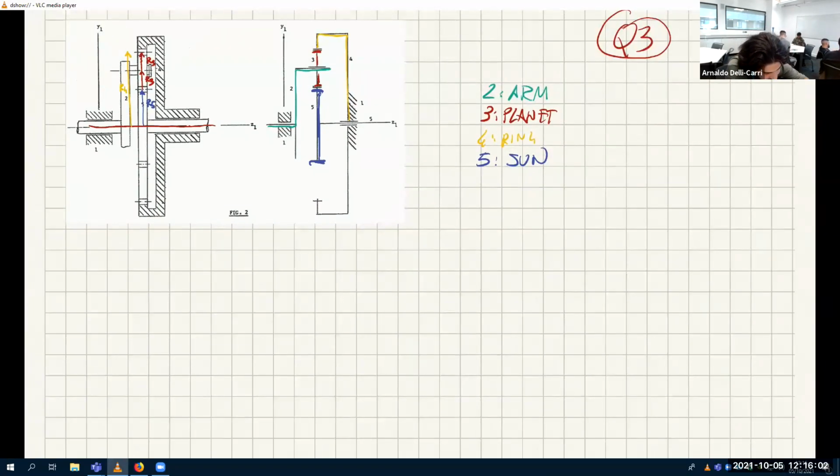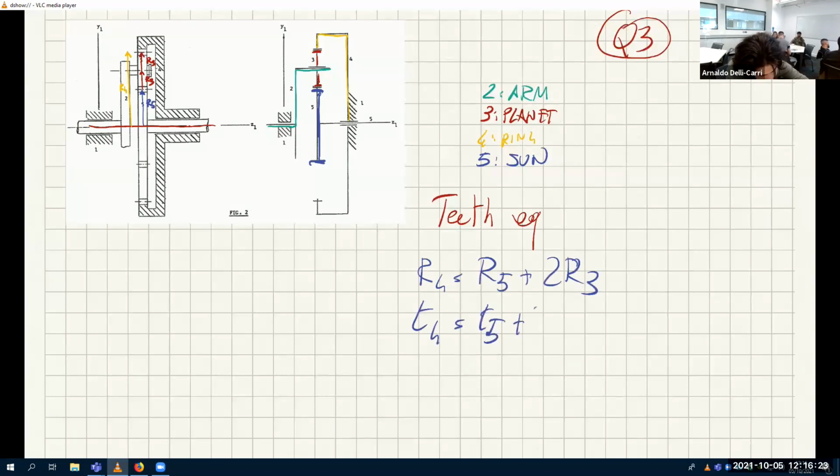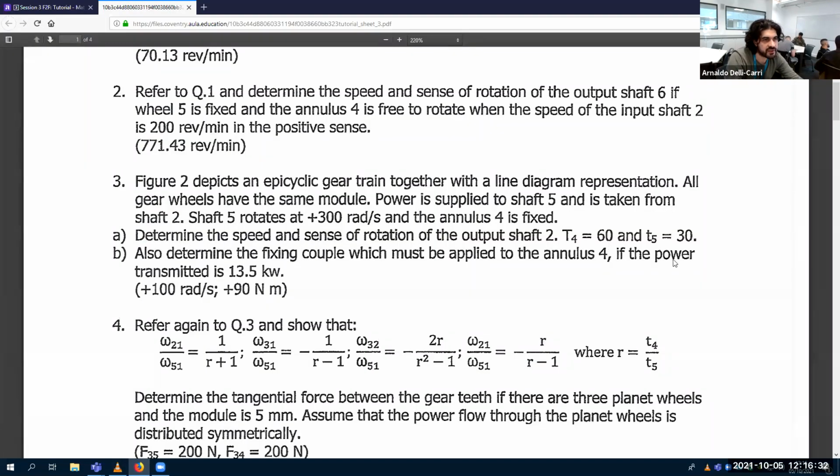So teeth equation: we have that R4 is R5 plus twice R3. That also means since they have the same module, T4 is T5 plus 2T3. Agreed? Agreed. So how much is T4? Let me check. No, T4 is given and T5 is given, so we don't know T3.